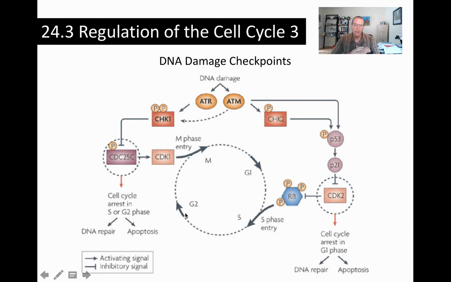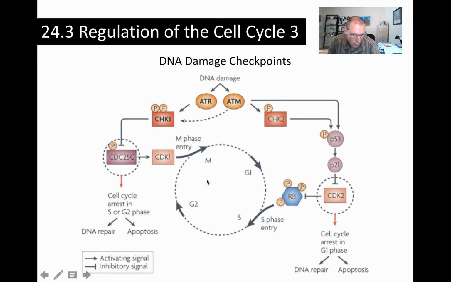The last checkpoints to look at here are a series of checkpoints which monitor for DNA damage. There are multiple DNA damage checkpoints that monitor the integrity of the genome, and they halt the cell cycle at various points. There's a late G1 checkpoint down here, an S-phase checkpoint, and then a late G2 checkpoint.